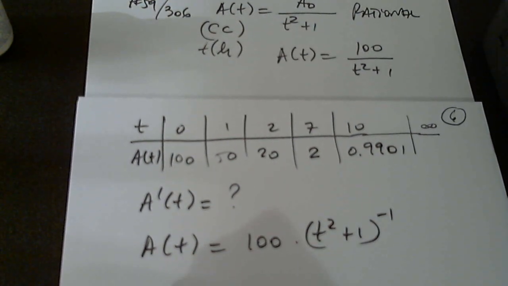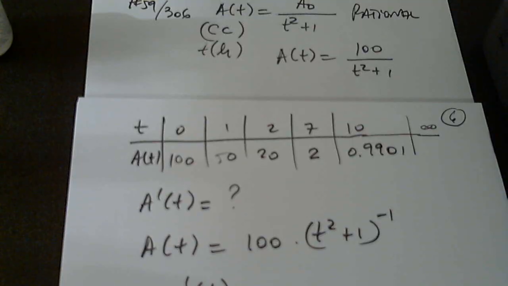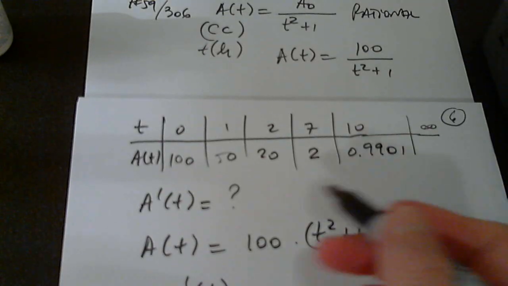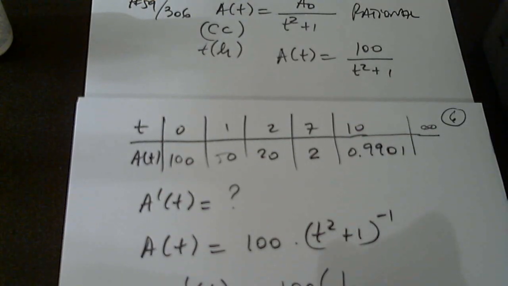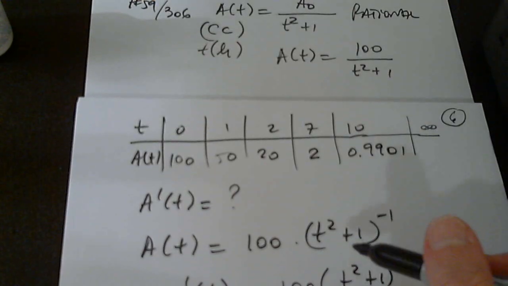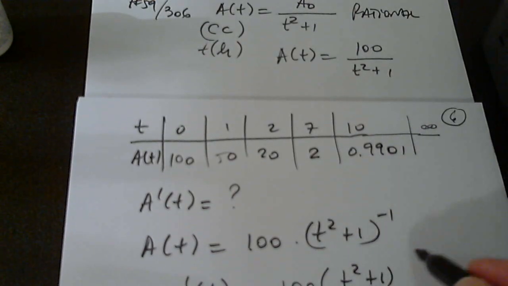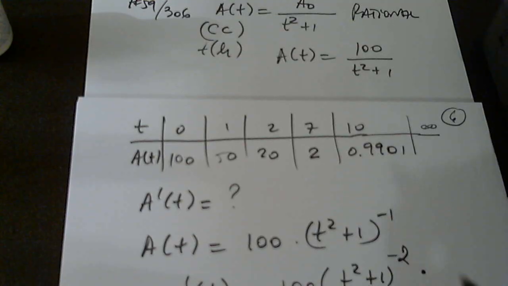So let's see how we find a prime of t. I bring down negative 1, multiply by the function to the negative 1 minus 1 times the inner function prime.